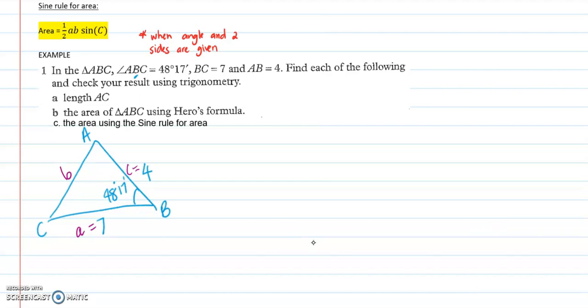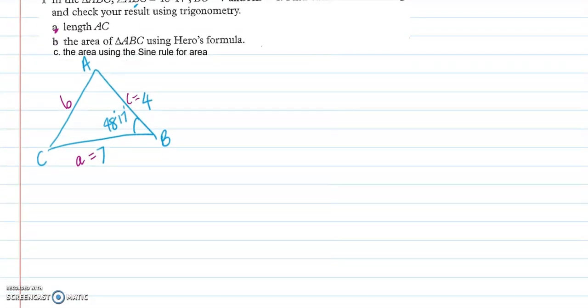Okay, so the first thing, let's evaluate the length AC. So we need to find what B is equal to. So let's write down what we know. Side A is equal to 7. Side C is equal to 4. We don't know what side B is.